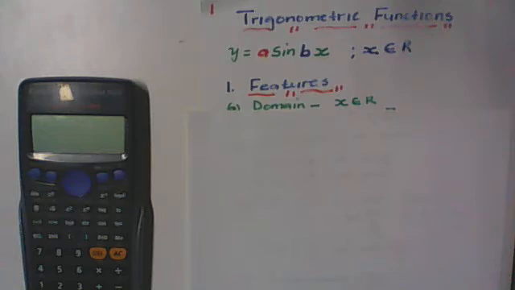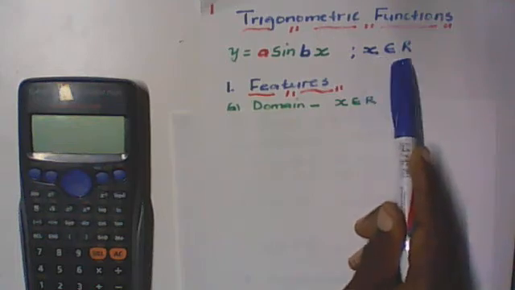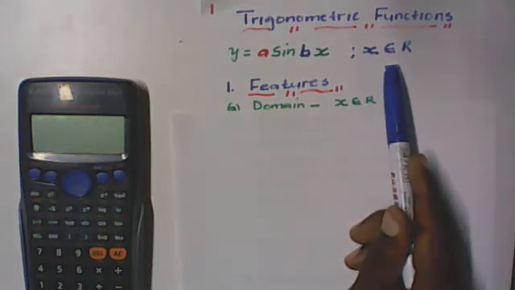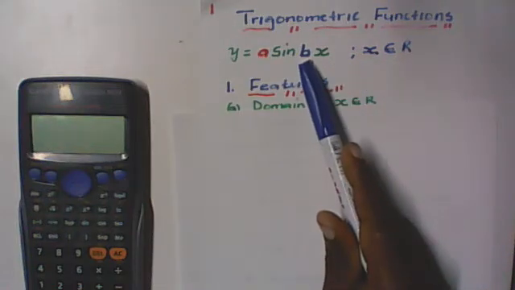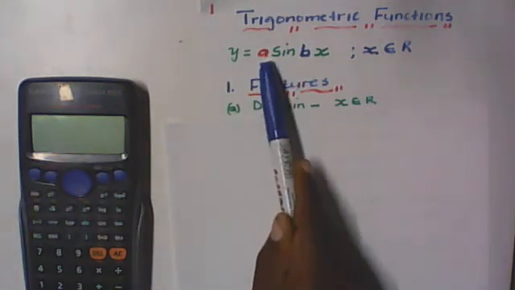We need to be very careful when we talk. Not any number. Real, all real numbers. This is called the domain. The domain entails all possible x values pertaining in this graph, and then all possible y values which are determined by this.